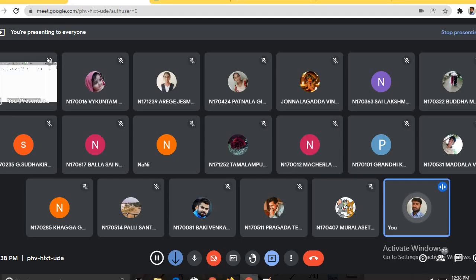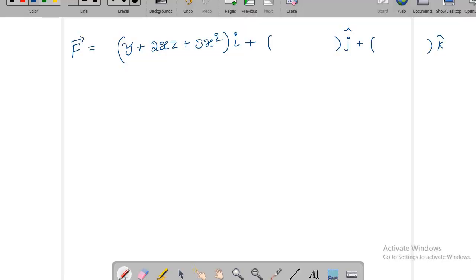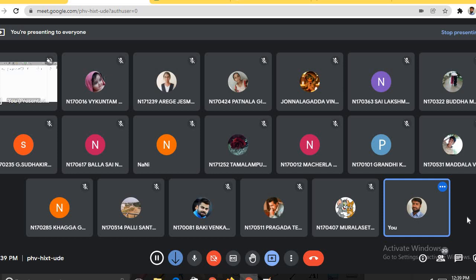Whether you add extra terms or not, it doesn't matter to me. You just give me a vector field whose i component is this, and you give me the j component and k component, so that it becomes conservative.